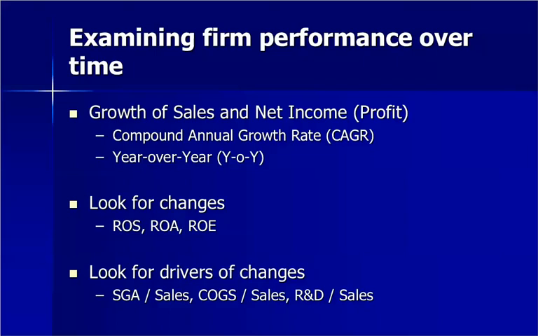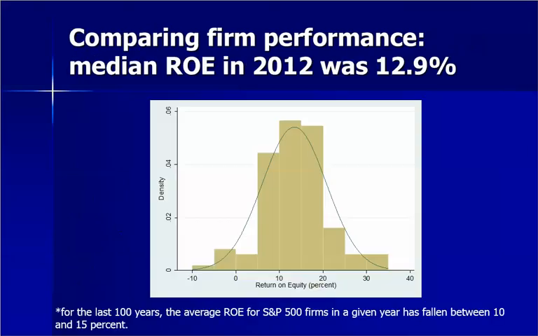You can also look for changes in the measures of performance, return on sales, return on assets, and return on equity over time. And then you can dig a little bit deeper to think about what are the driving forces behind those changes. Changes in the ratio of sales, general, and administrative expenses to sales, changes that relate to the cost of goods sold to sales ratio, and changes that relate to R&D to sales ratios.